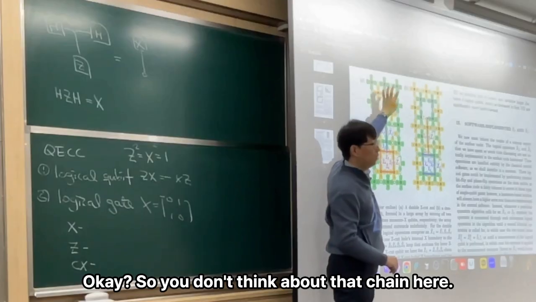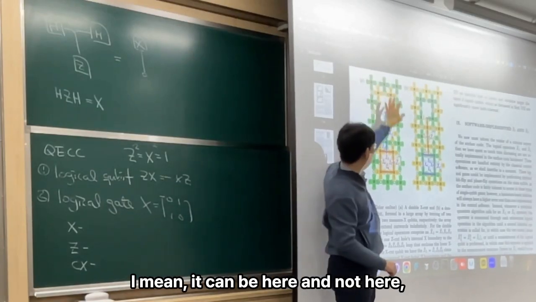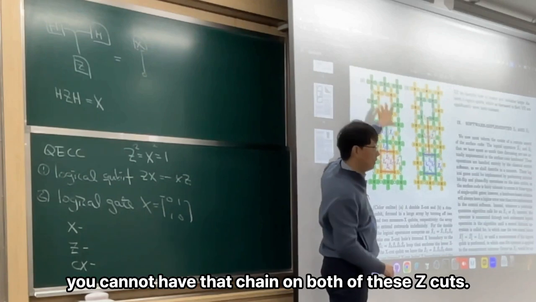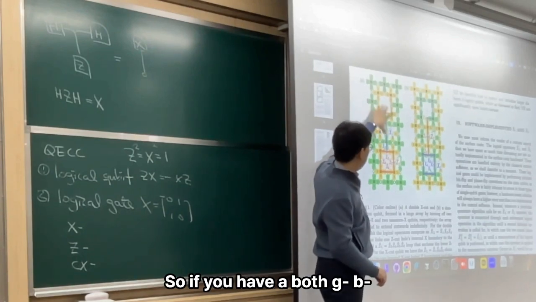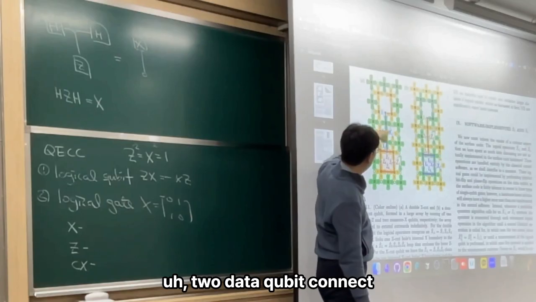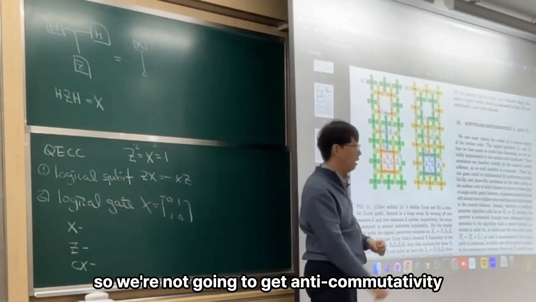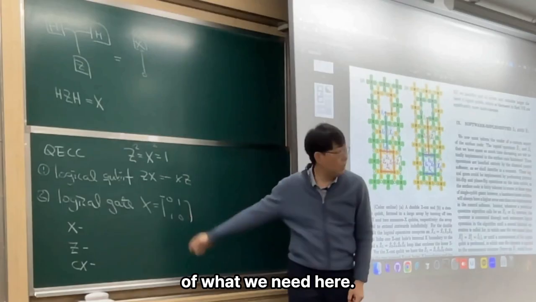So you don't think about a Z chain here. Z chain is here. I mean, it can be here and not here, but you cannot have a Z chain on both of these Z cuts. So if you have a Z chain on both Z cuts, then you have two data qubits connected to the X chain. So you're not going to get the anti-commutativity that we need here.